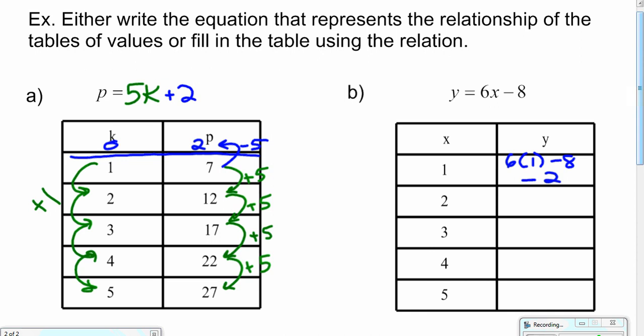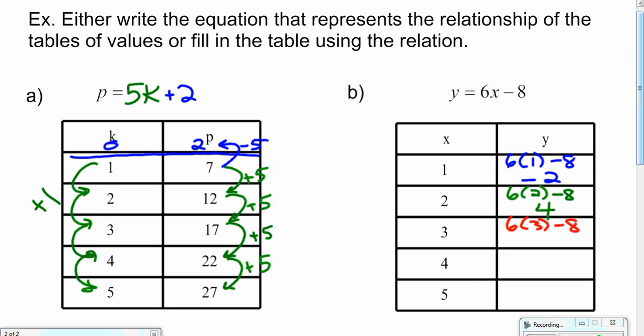Do the same thing if x is 2. So 6 times 2, take away 8. So 12 take away 8 gets us a value of 4. Do the same on the next one. 6 times 3 minus 8. 6 times 3 is 18.